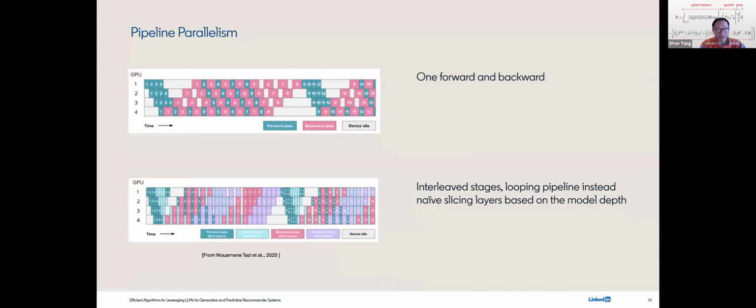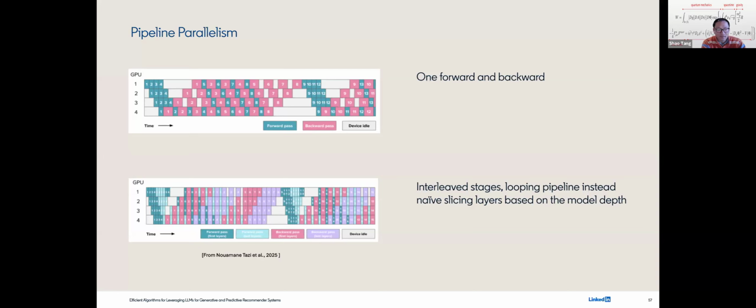The next one is one forward, one backward. Basically, we first compute the first micro batch, and immediately after its computation, we can start to compute the backward for the very first micro batch. So this reduces the bubble even further. And the last one is interleaved stages.